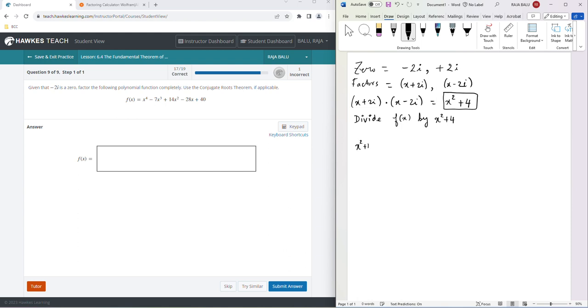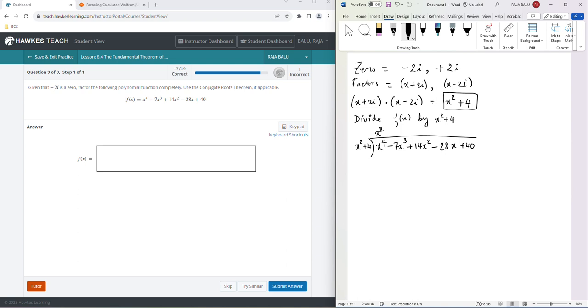x squared plus 4, here x to the power 4 minus 7x cubed plus 14x squared minus 28x plus 40. Now we are going to do long division. You may have seen this before, but follow me if you have forgotten or are having a little difficulty to recall.